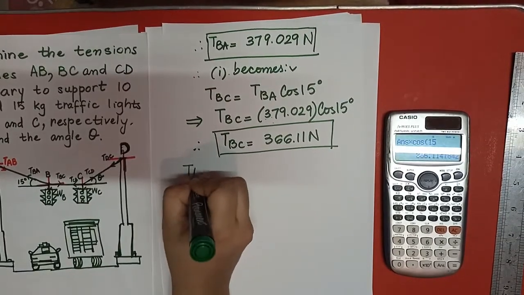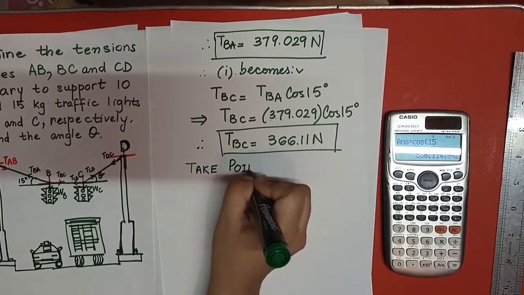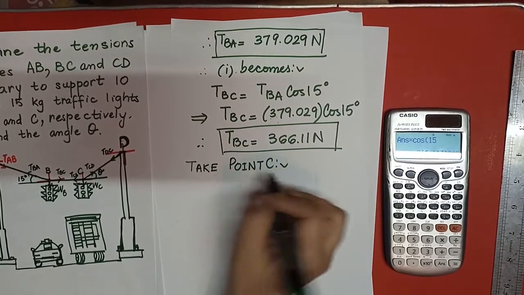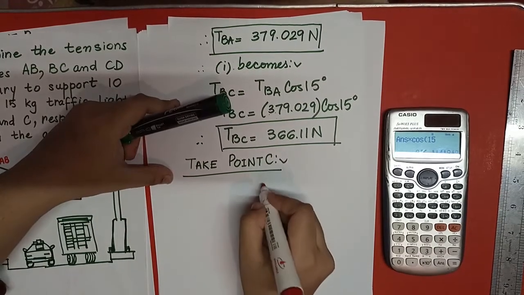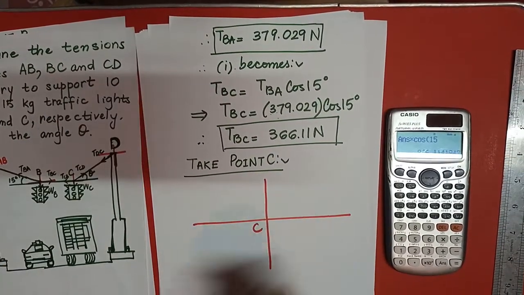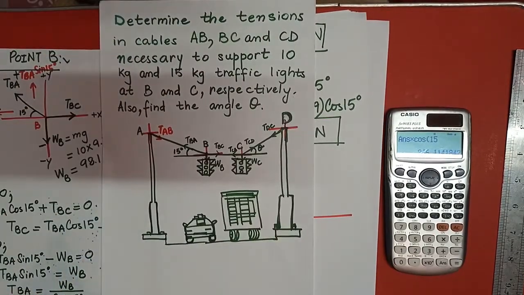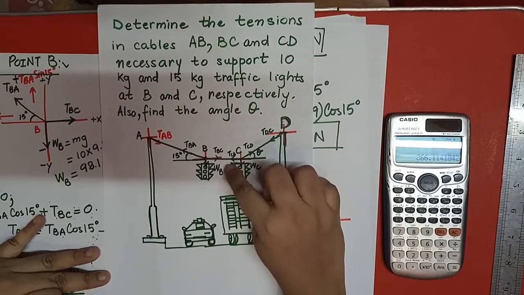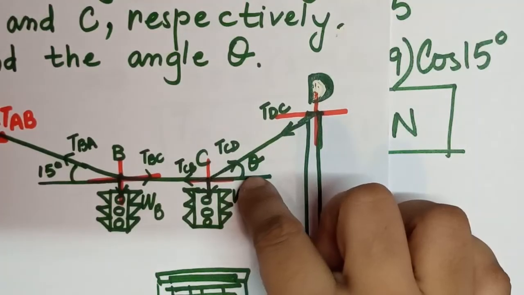So we have to move on to the second point, and that is point C. How many forces are acting at point C? We will discuss it after making an axis. So this is point C. Here we have tension TCD, this is tension TCB, and this is the weight acting downward, and this is theta.